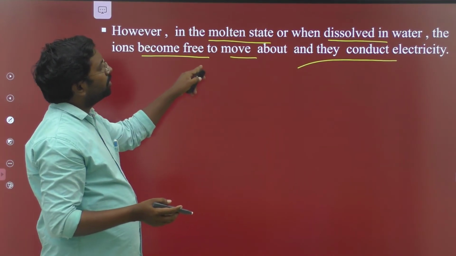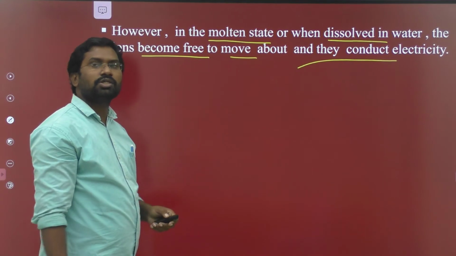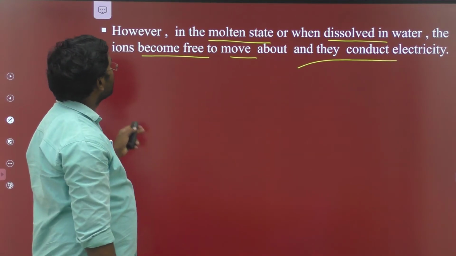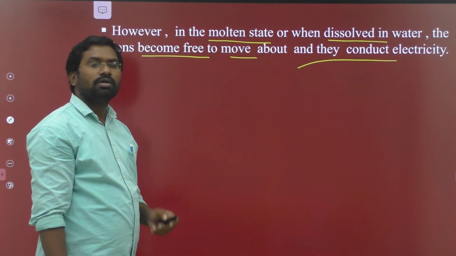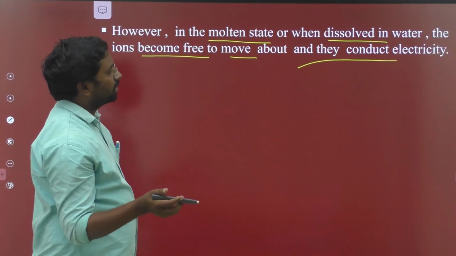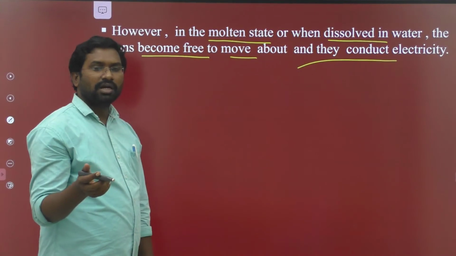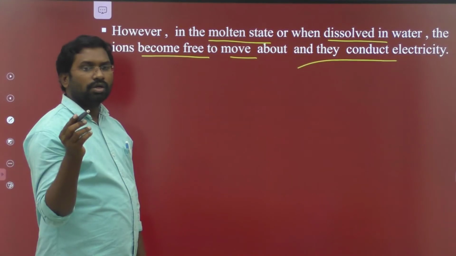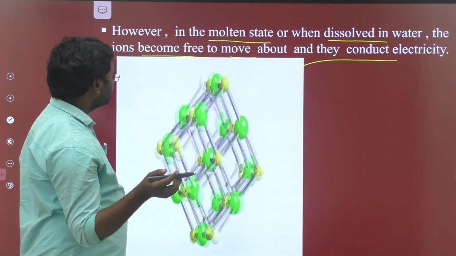However, in the molten state or when dissolved in water, they possess free movement of ions, and due to this they are able to conduct some electricity. So they can act as conductors in liquid or aqueous form.